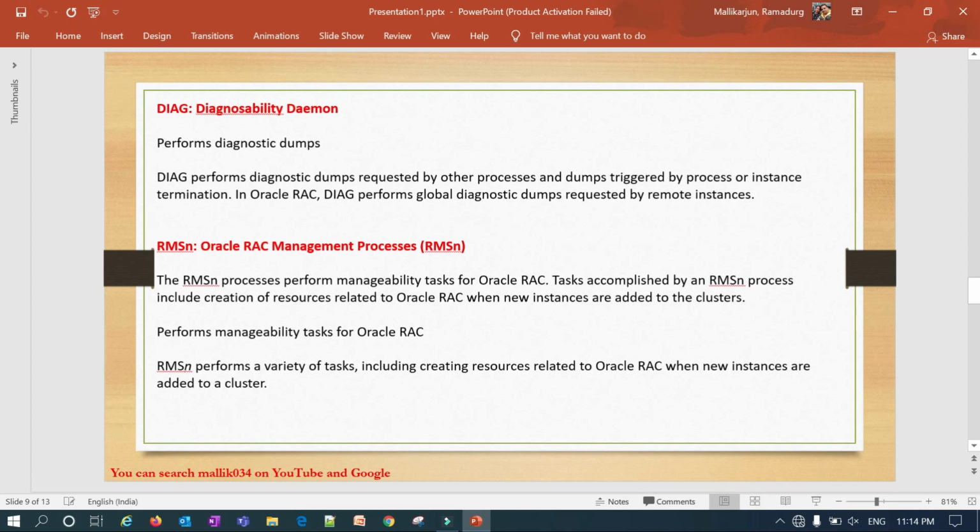whatever is needed. Suppose I have two instances now, and I want to add a third instance. I cannot simply create a third instance.